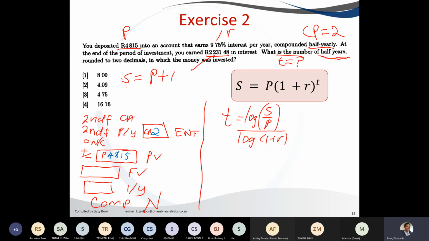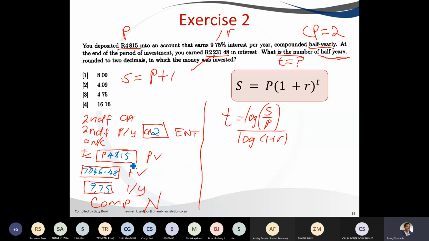Those who calculated it. The future value is 7,046, and our interest is just 9.75.